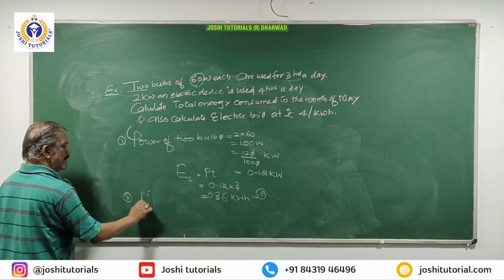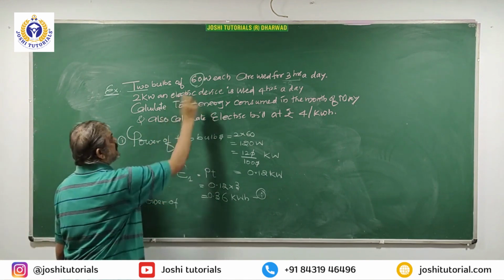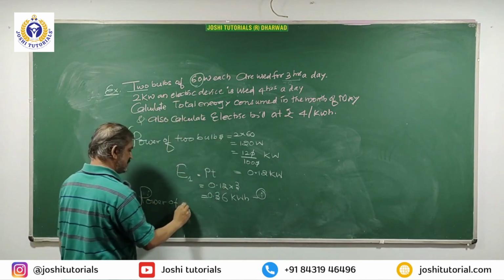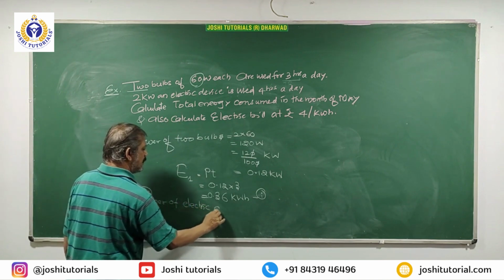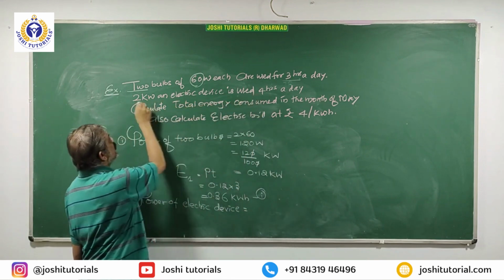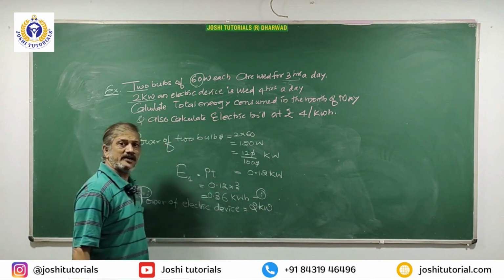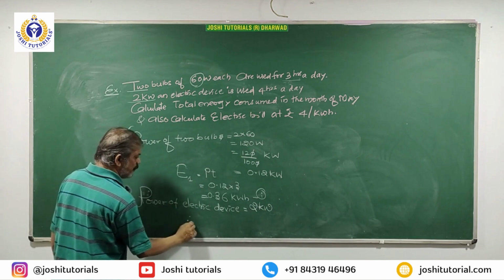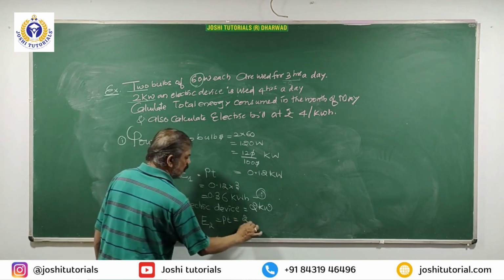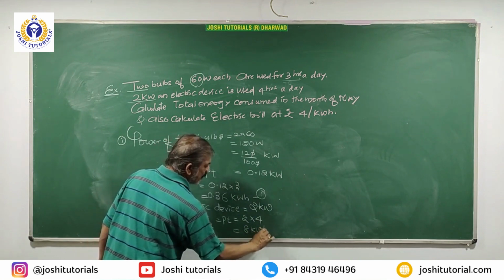In the same manner, power of electric device. They may give refrigerator, anything else. I have taken one electric device. It is 2 kilowatt, already given in kilowatt. No need to convert. Therefore, energy E2 equals P into T. Power is 2 and time is 4 hours. 2 4s are 8 kilowatt hour.